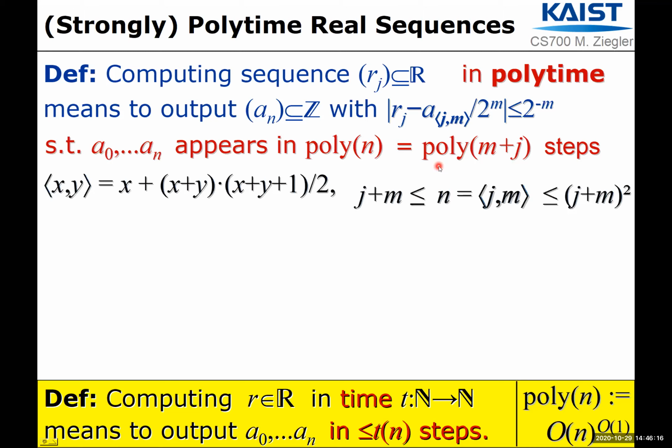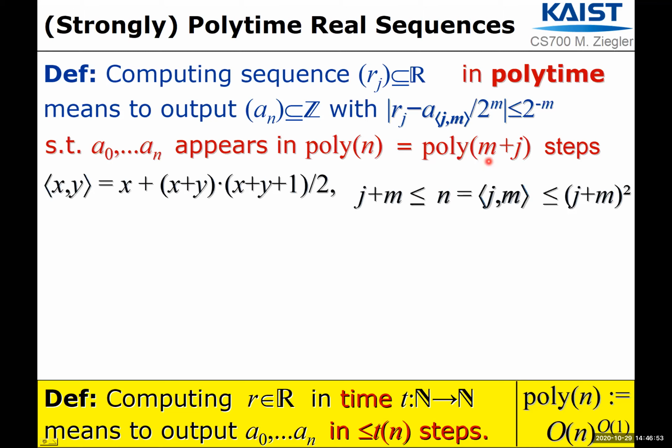To support that intuition, let me point out that this basically means a running time which is polynomial in the binary length. This is all classical complexity theory: we measure running times in terms of binary lengths. But here in the real setting, we don't consider the binary length of the input, which is infinite. Instead, we consider the binary length of some integer output parameters, here the precision m and the index j.